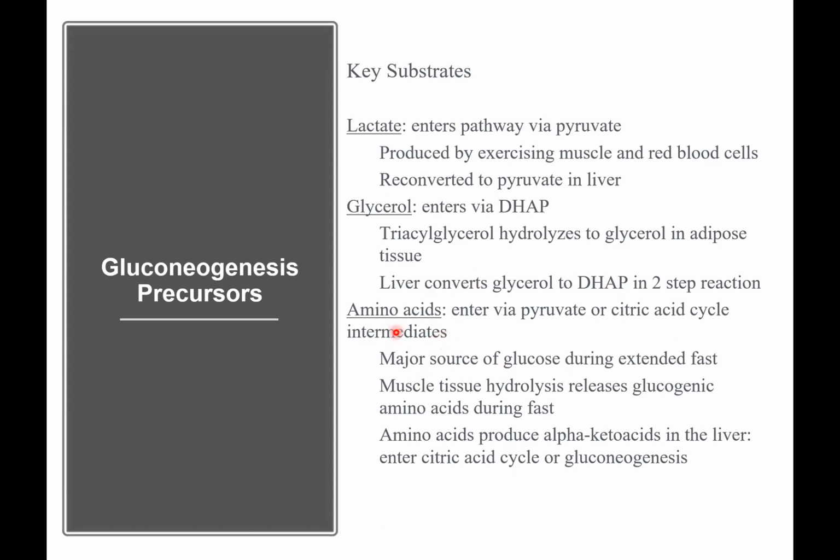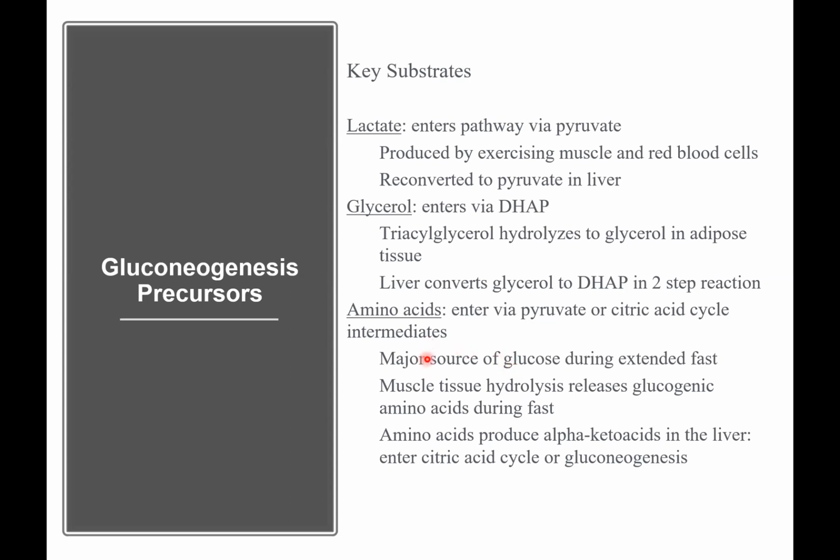And then finally, amino acids, they can become gluconeogenic by entering the pathway via pyruvate or by citric acid cycle intermediates. We haven't really talked about the citric acid cycle yet. I mentioned that oxaloacetate is one of them.